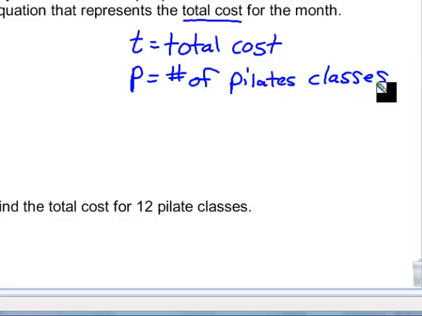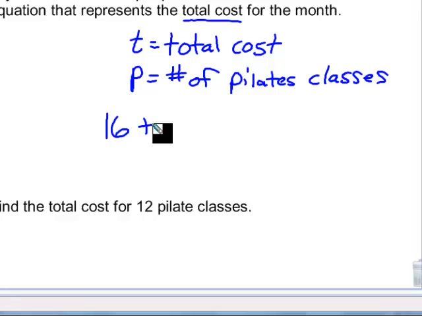So, we know for a fact, for a month, she has to pay 16 bucks, regardless. So we're just going to put the 16 there, okay? She pays that much, okay? Then I'm going to add to it $2 for every Pilates class she has taken that month. Well, so I'm going to add, obviously got to add that cost to the $16.